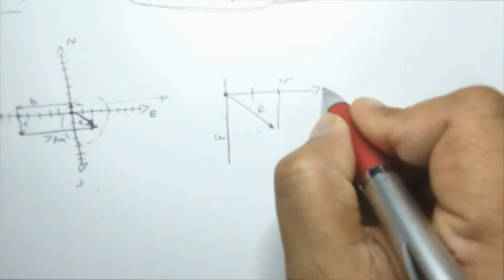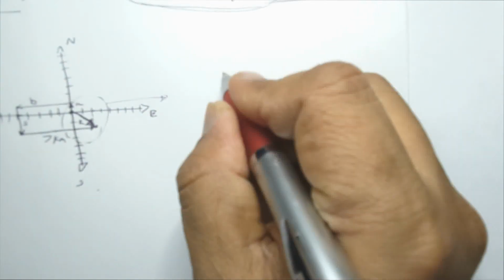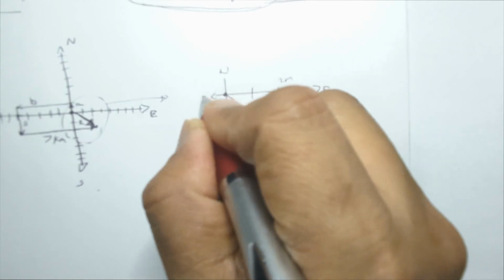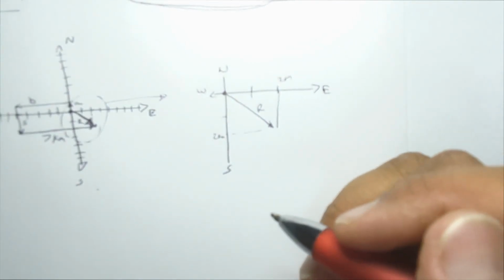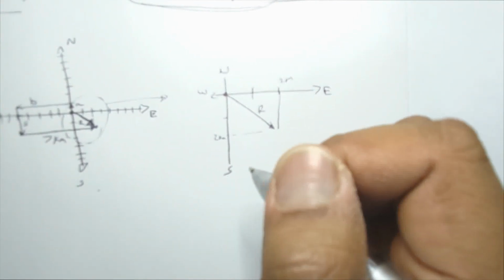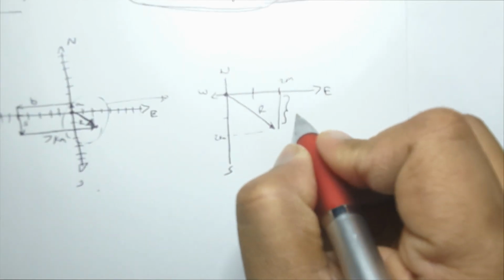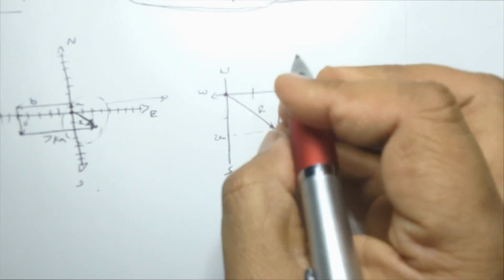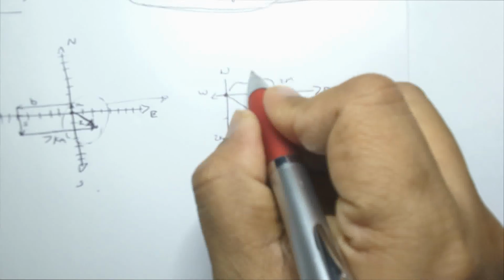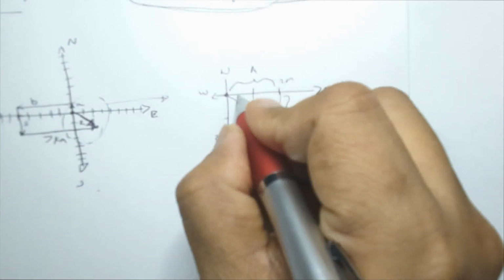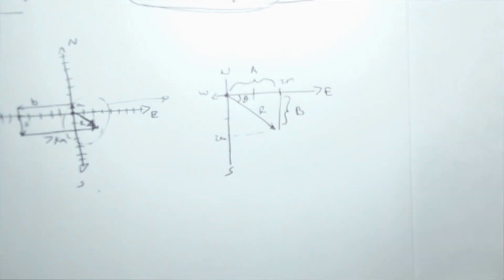This was your east, south, north, and west. Let's call this segment capital B here, this segment capital A here, and this is the theta that you're looking at.